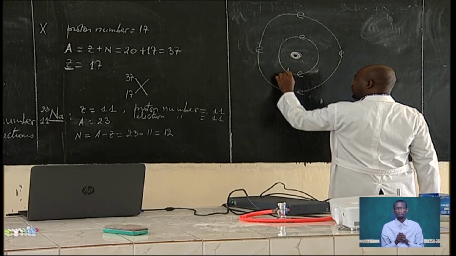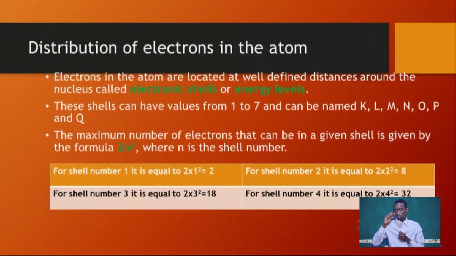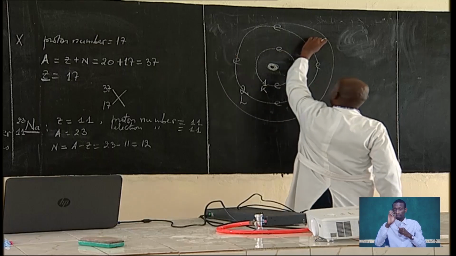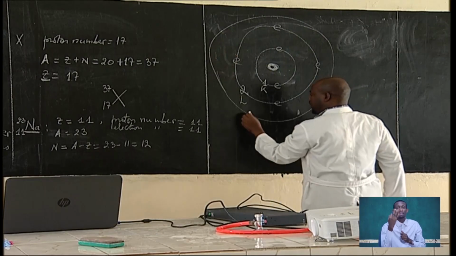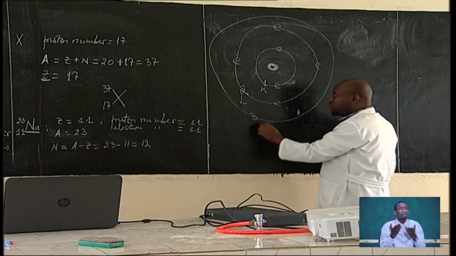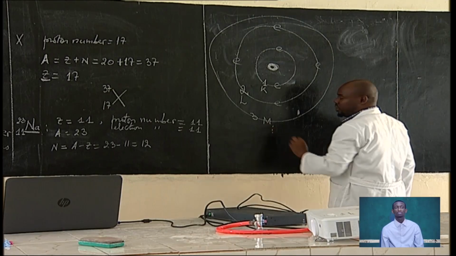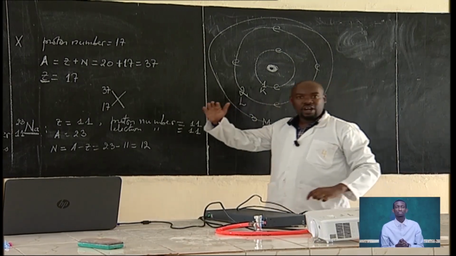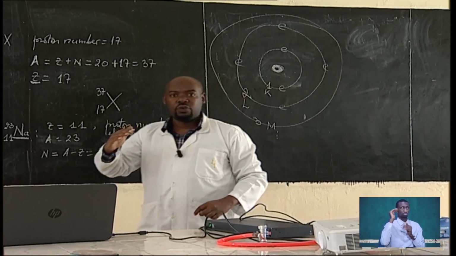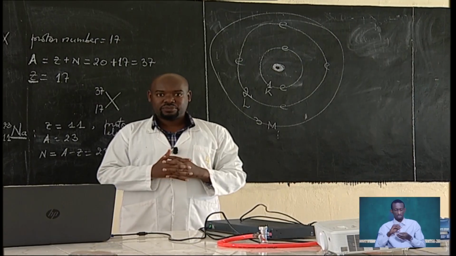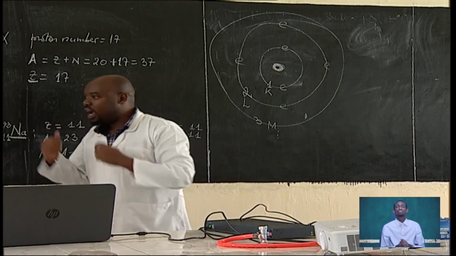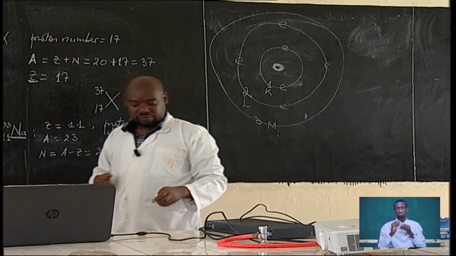This is energy level number 1, which can also be called K. This is energy level number 2, which can also be called L. We have energy level number 3, which is called M, and so on. And the highest number of the energy level is 7. And those are the respective names.